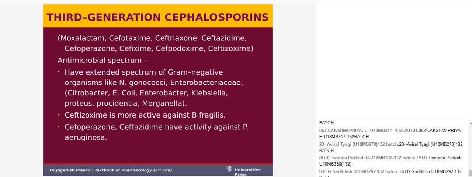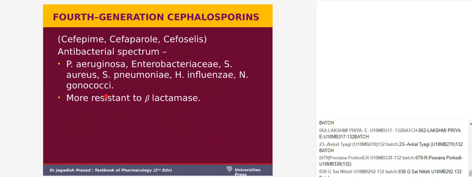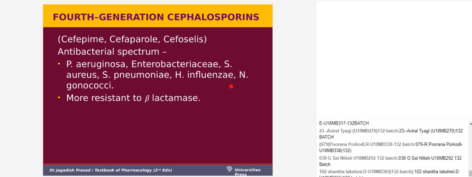The third generation has an extended spectrum against gram negative organisms like gonorrhoeae, Enterobacteriaceae, and Bacteroides fragilis. They are also active against Pseudomonas aeruginosa. The fourth generation covers aeruginosa, Enterobacteriaceae, pneumoniae, influenzae, and gonococci, and is more resistant to beta-lactamase.